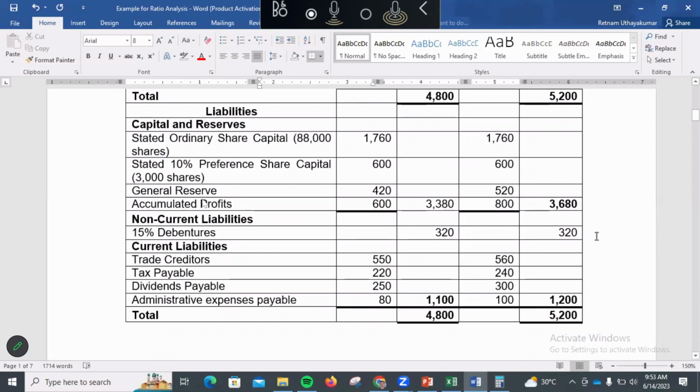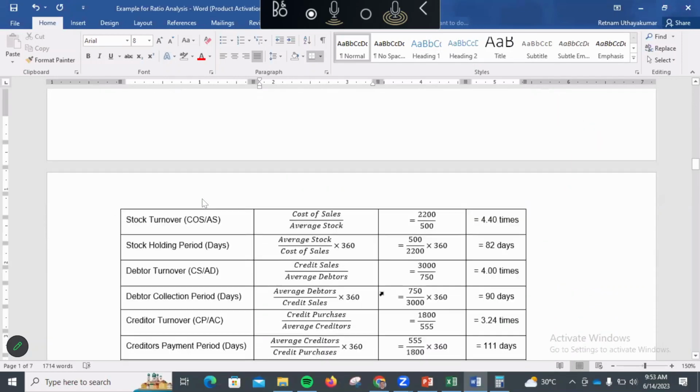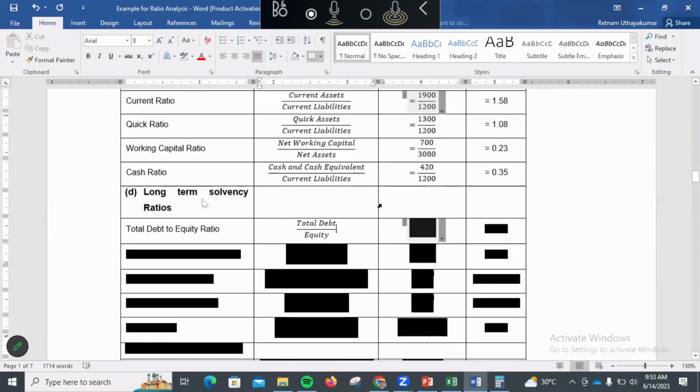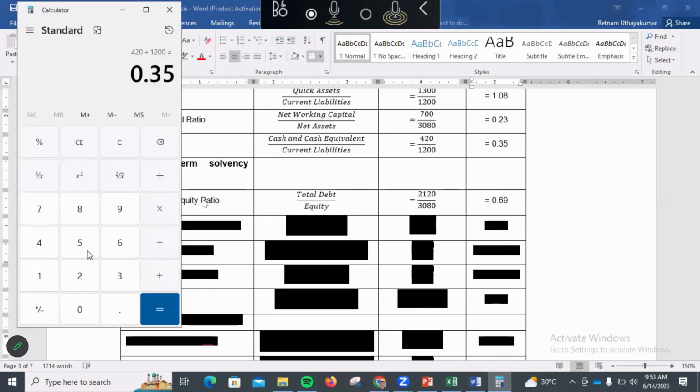Altogether, 2,120 you want to get. Equity already you know, 3,080. So the result would be 0.69. You check that with the calculator.